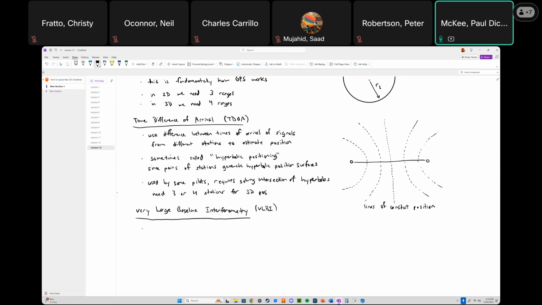So we're comparing the same signal from a distant object as received by 2 stations, I guess 2 or more, separated by a very large baseline.